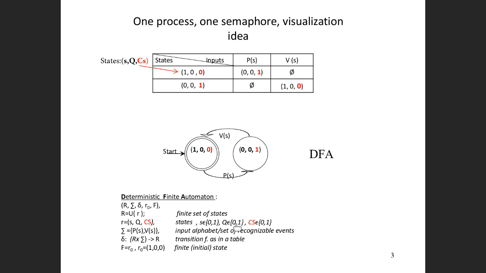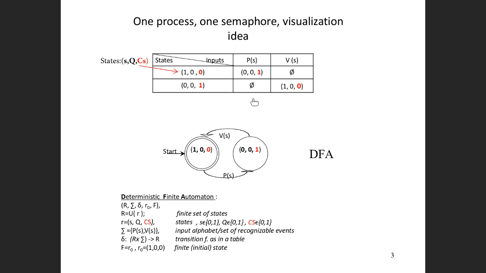Q may have values 0 or 1, which means there is no queue, which is 0, or there is a queue, which means Q is 1. Critical section, CS, is either executing or not. If the process is not in the critical section, the third parameter is 0. If the process is executing in the critical section, the CS parameter is 1.